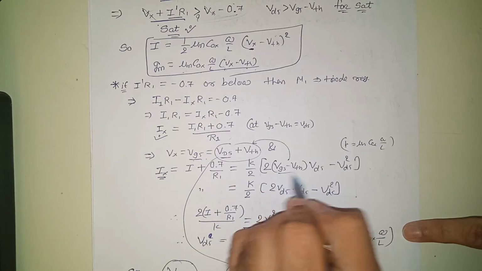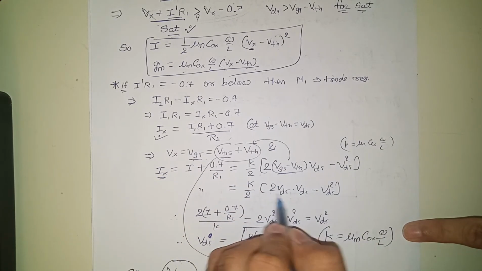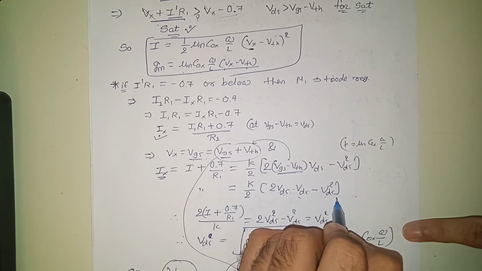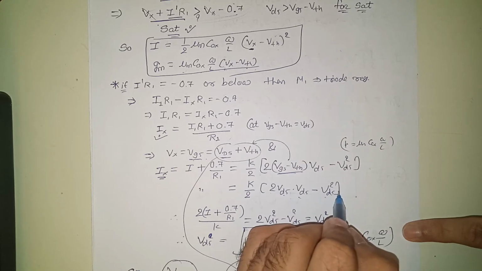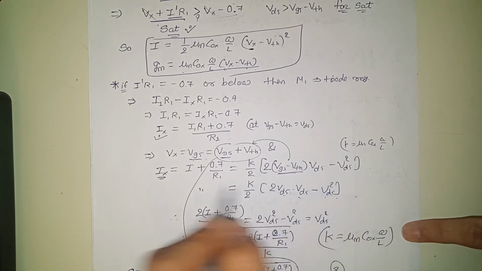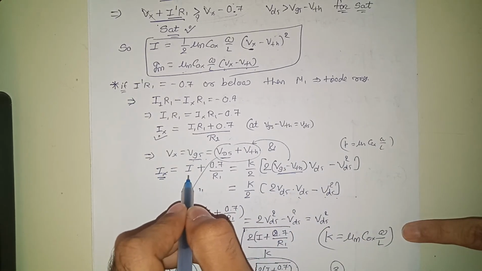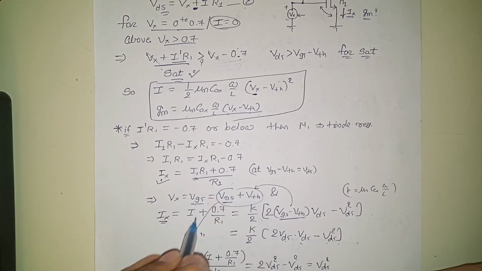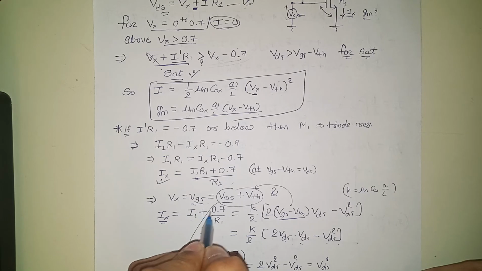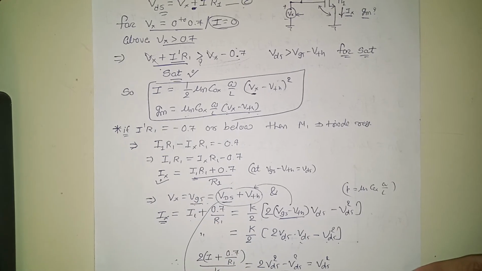At that time you can put Vds here. So 2 Vds into Vds minus Vds square will be k into 2 minus 1, that is 1, Vds square, is equal to Ix. And Ix, you know from this equation, R1 cancels out, that is I1 plus 0.7 by R1. 0.7 is Vth basically.